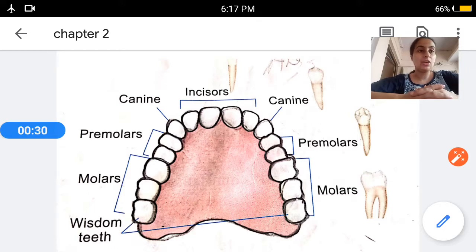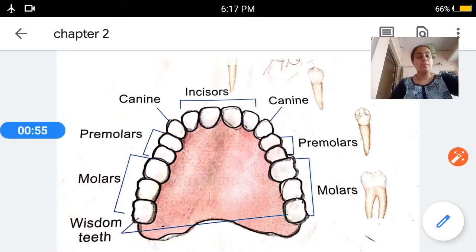On the basis of lifeline, there were two types of teeth, temporary and permanent. On the basis of structure and function, there were four: incisors, canines, premolars and molars. We also discussed the parts of a tooth: the hardest substance, the enamel, the pulp, the crown and the root, and how it is surrounded by blood vessels and nerves.